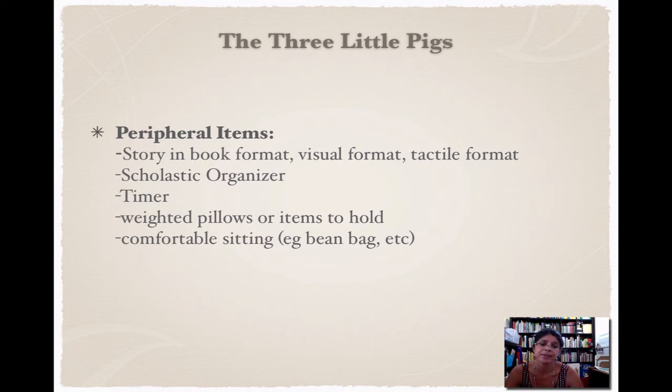And then also having some comfortable sitting arrangement, like a beanbag chair or a ball, some kind of alternative in case the chair is not as comfortable for him. Things I didn't write up here also, lighting might be a challenge, and then distractions in the room. So those are what I call peripheral items to think about before you even attempt the story.